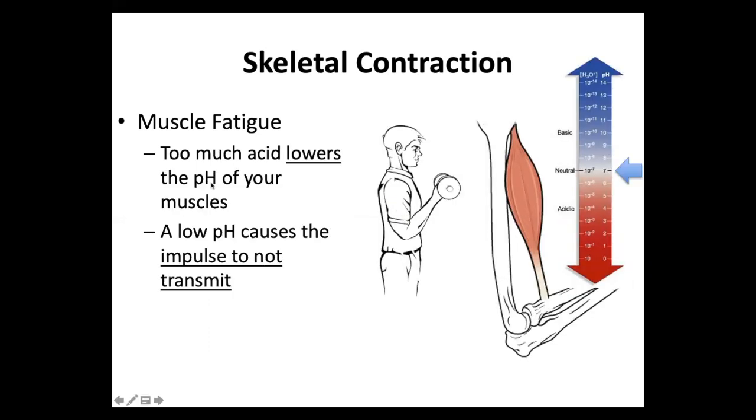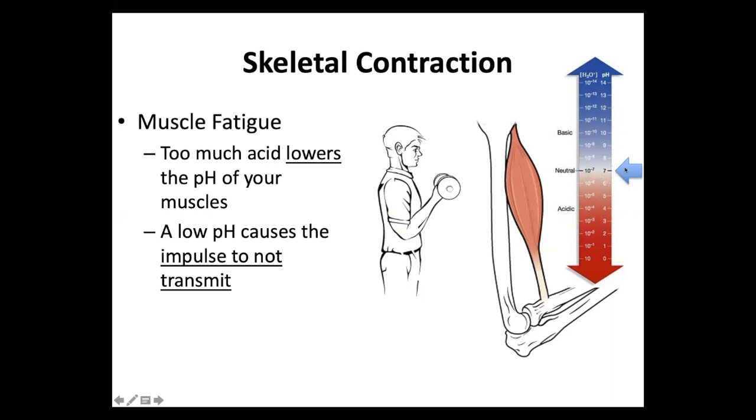Acid lowers the pH of your muscles. What does that mean? It means it's now in a very acidic environment, and these electric impulses do not transmit very well in a low pH environment, in an acidic environment. So check out here. Your muscles like a good neutral environment, watery.